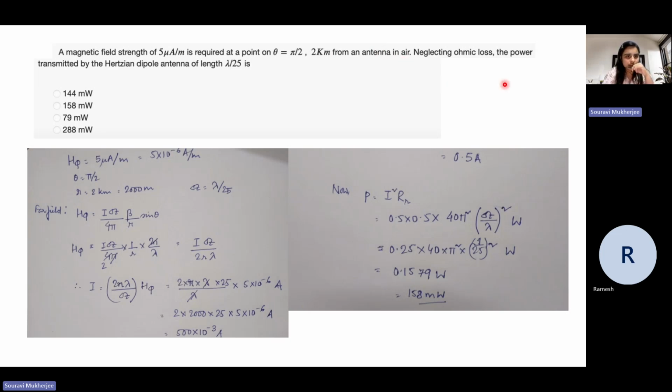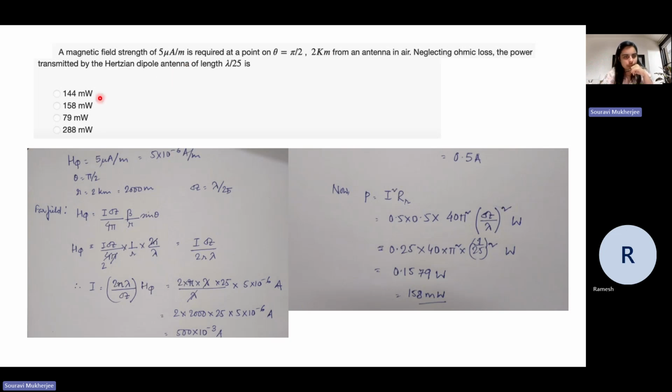And then it is asked what is the power transmitted by the Hertzian dipole antenna of some length, which is given as lambda by 25. So the first point is, from here you can say that the dipole length or the dimension of the antenna is quite small, much smaller than the distance at which we are looking. So we are already in the far field regime, so we will use the expression of fields in the far field.